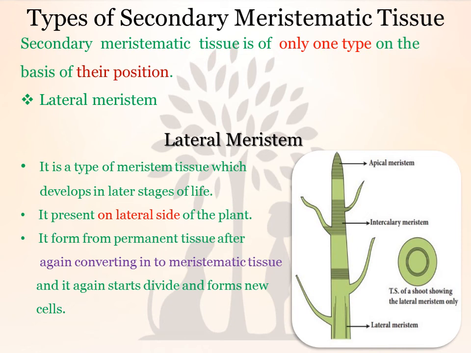It is formed from permanent tissue after again converting into meristematic tissue, and it again starts dividing and forms new cells. मीन्स जो प्राइमरी मेरिस्टेम डिवाइड करके जो सेल्स को बनाता है वो दोबारा से खुद को मॉडिफाई करके चेंज ला करके परमानेंट होने के बाद खुद ब खुद दोबारा से डिवाइड करने लगती है। तो उस वजह से जो है लेटरल मेरिस्टेम का फॉर्मेशन होता है। एंड इट इज हेल्पफुल इन इंक्रीजिंग द गर्थ ऑफ प्लांट, मतलब ये प्लांट की मोटाई को इंक्रीज करता है.